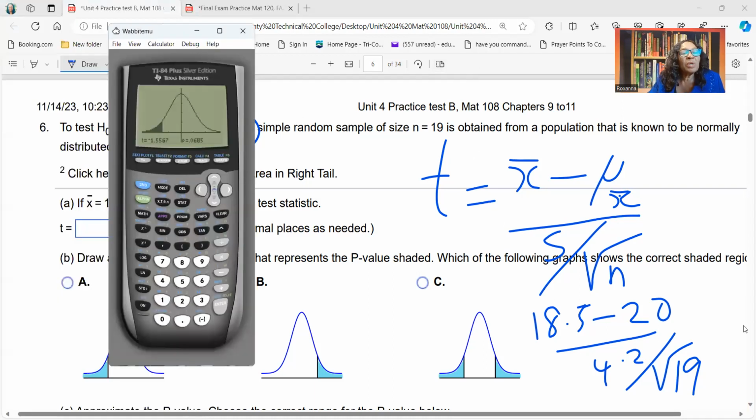Okay, let's pull it up. So this probability right here is 6.8% or 6.9%. In other words, you see the p-value. The p-value is 6.9%.